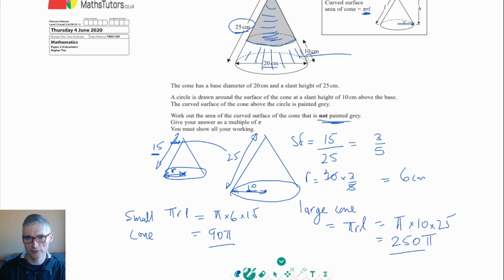So this area here is 250 pi minus 90 pi. And if we work that out, it's 160 pi. And since the question asks us to find it as a multiple of pi, we've actually done it because that's in terms of pi. So that's our final answer.